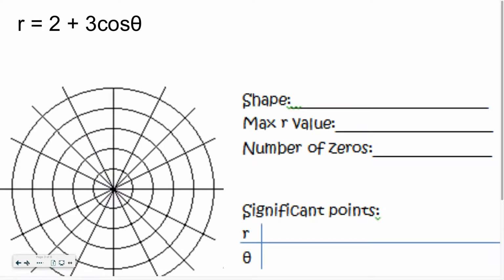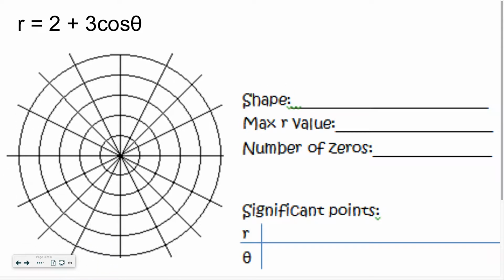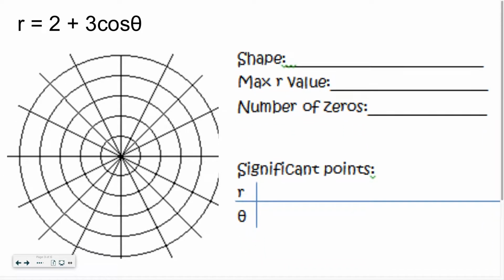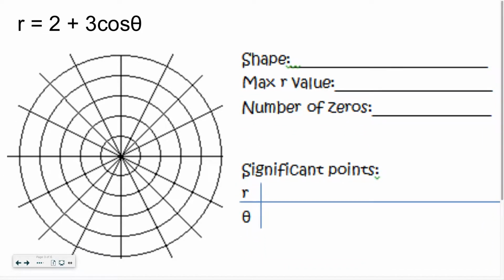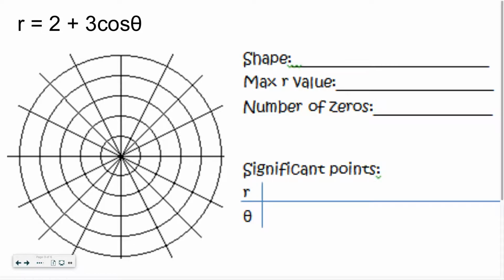So, go ahead and write down this first example for me. To be honest, I don't think in your notes you need to worry about the concentric circles. As long as you make tick marks on your horizontal and vertical axes, you should be fine. You should be able to tell what's going on.